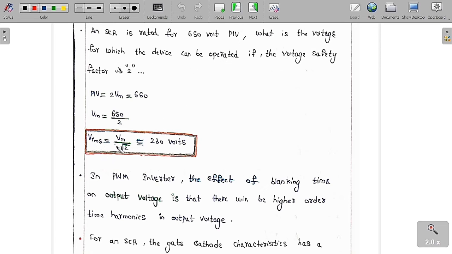Here we have to take the RMS value. So PIV is equal to voltage safety factor into Vm, whereas Vrms is equal to Vm by root 2. Therefore, here we find the value of Vrms. This is the voltage up to which we can operate it safely.